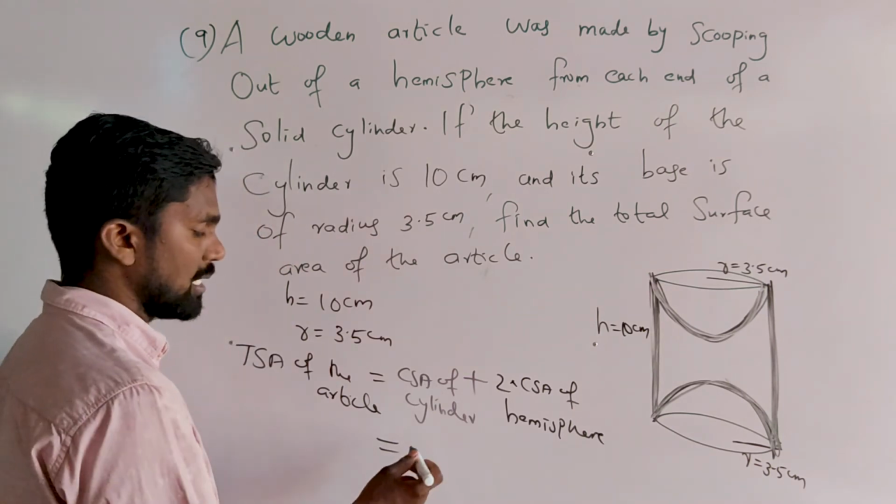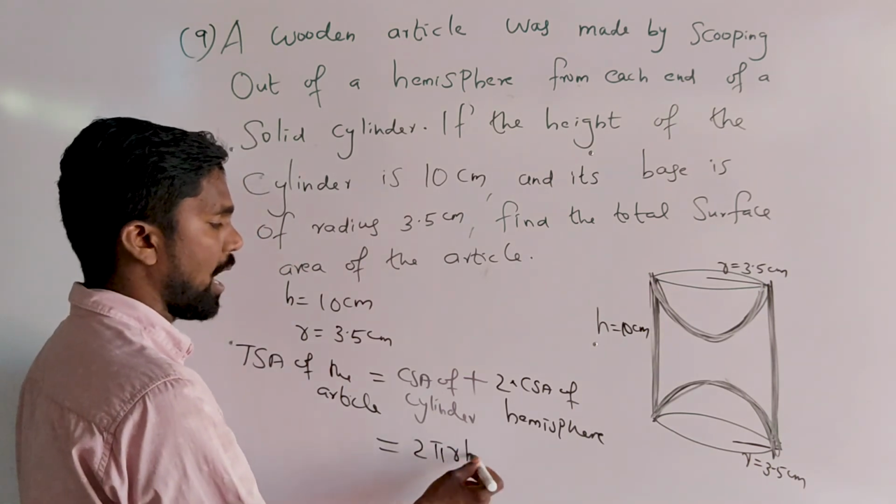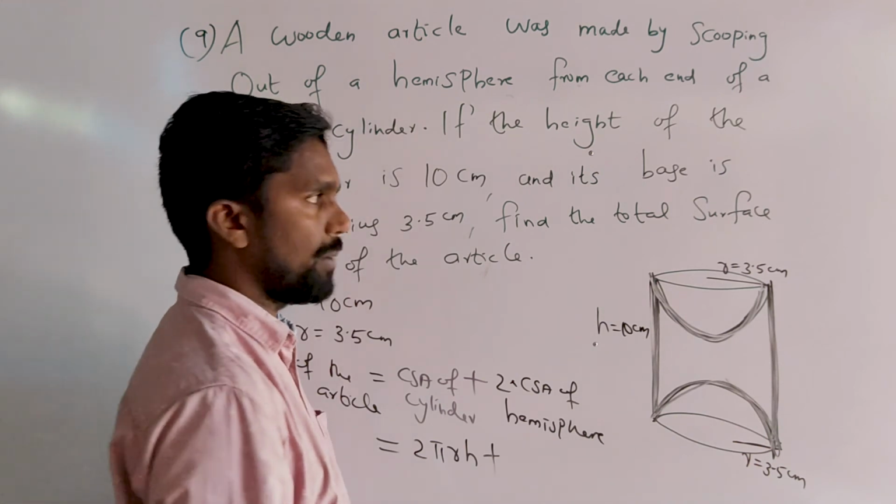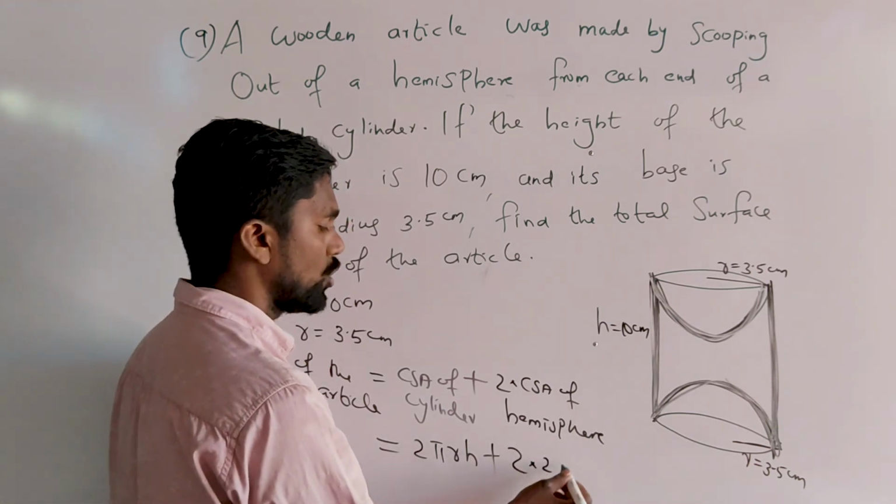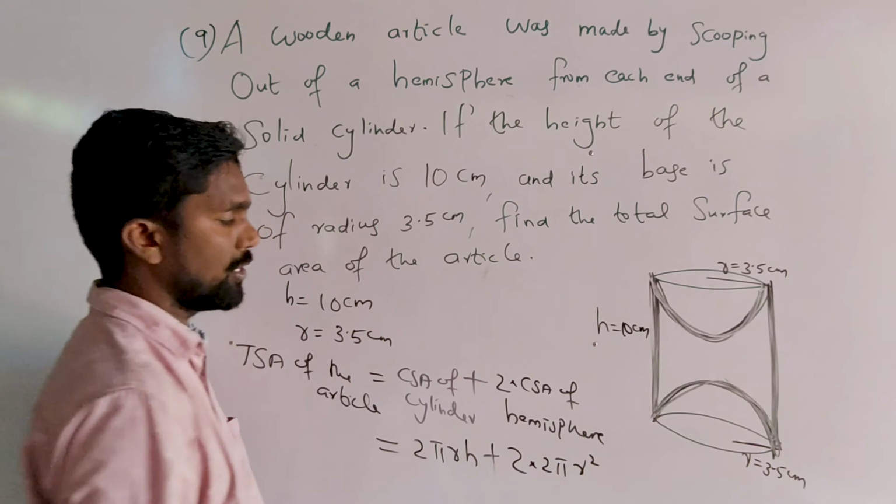That is equal to CSA of cylinder, that is 2 pi r h, plus CSA of hemisphere, which means 2 pi r square, 2 into 2 pi r square.